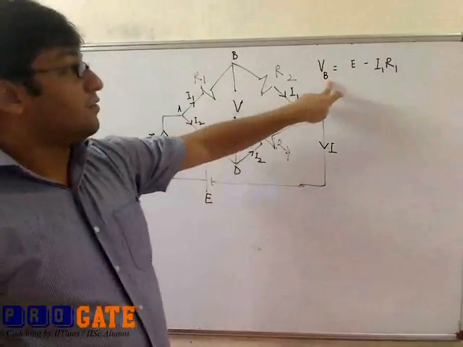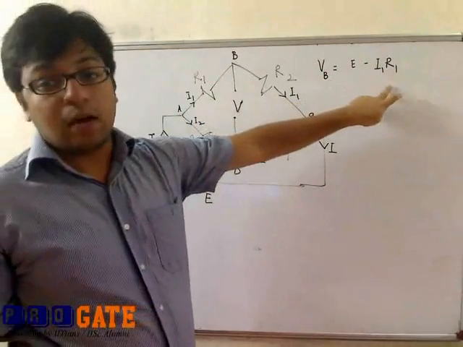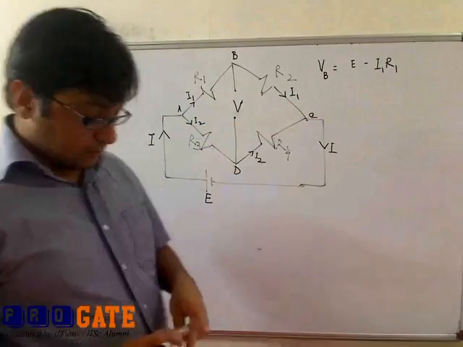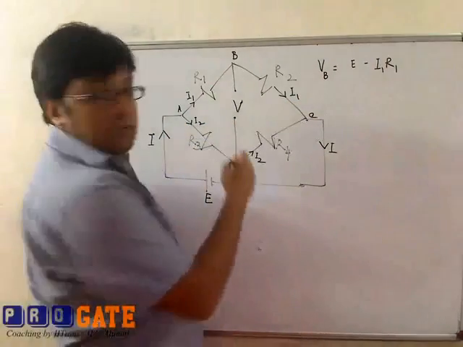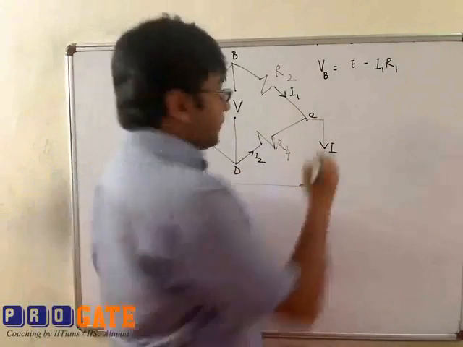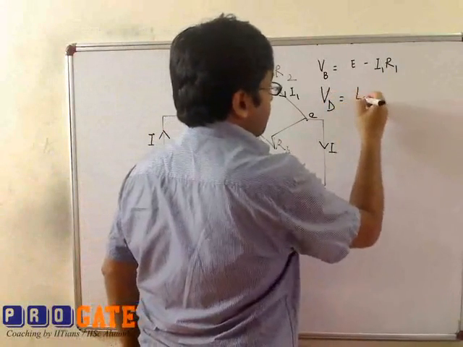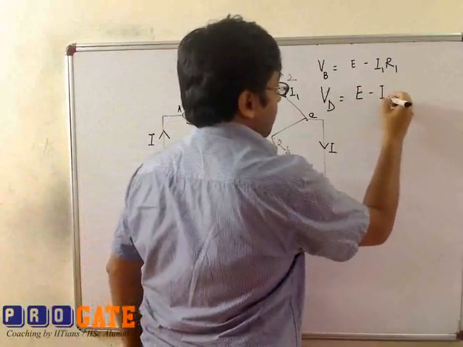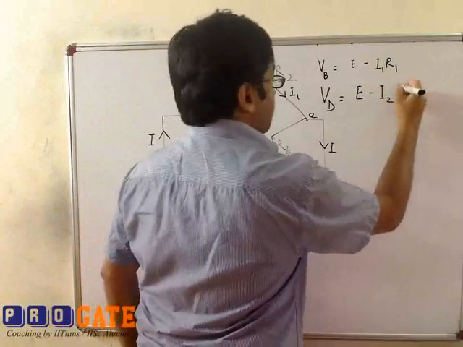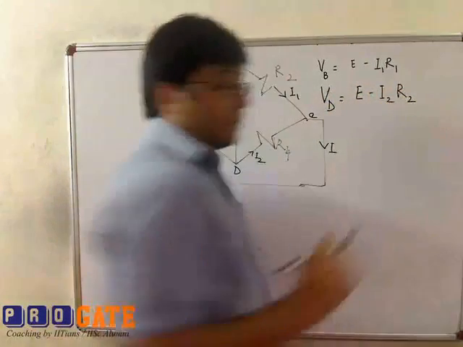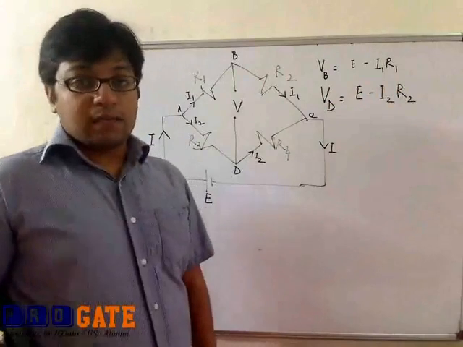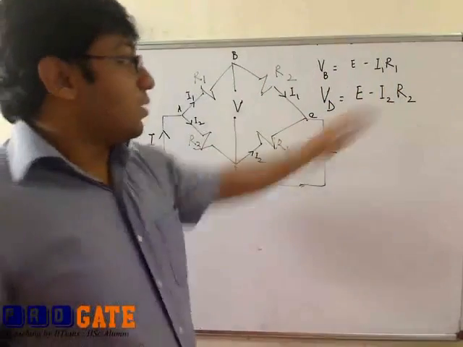So that is VB is equal to E minus I1 R1. Similarly, VD would be E minus I2 R3.